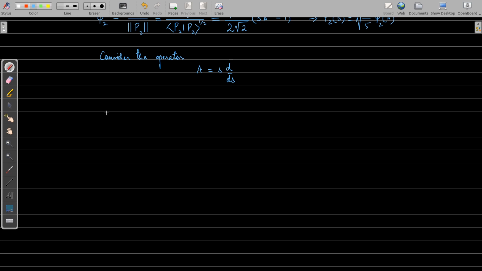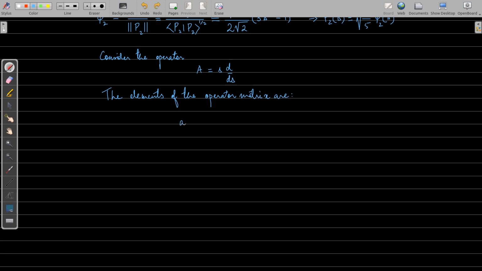So we want to find out the elements of the operator matrix. So how do you get the elements of the operator matrix?